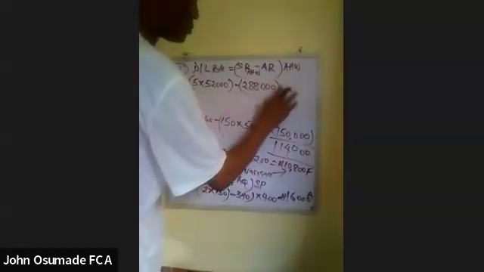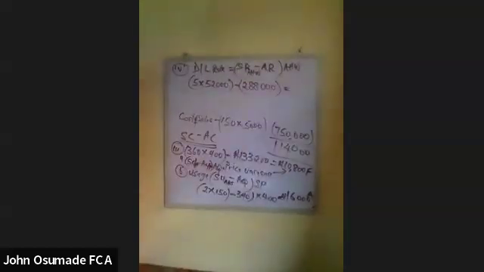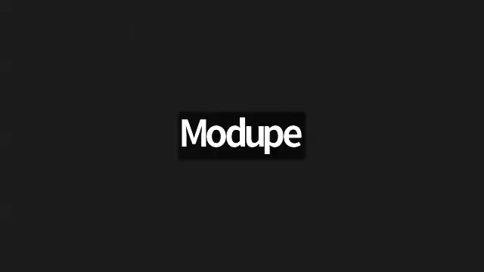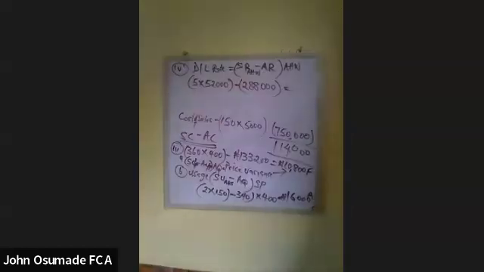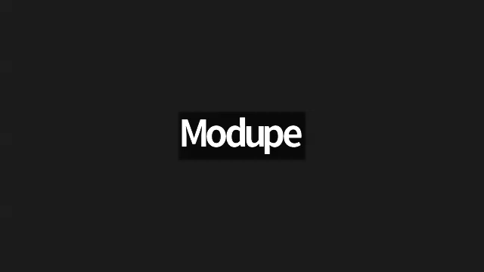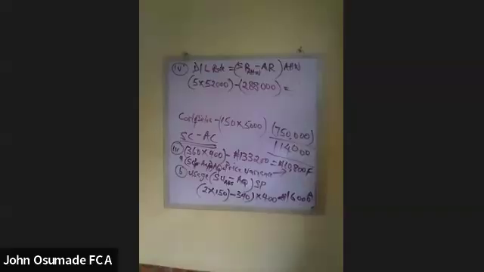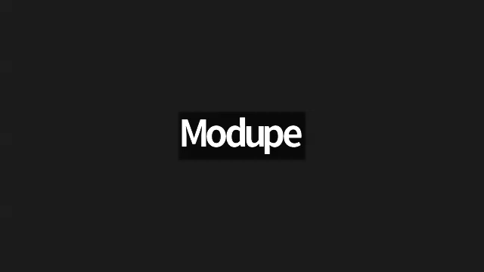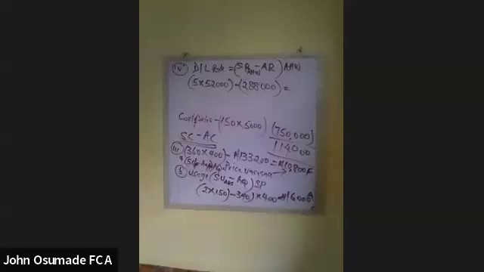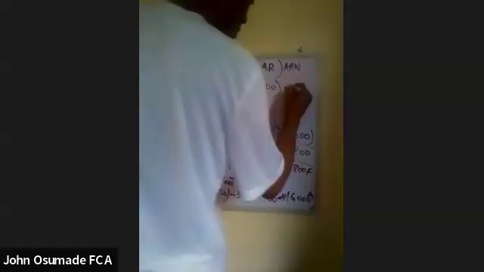So what's the figure? 5 times 52 minus 288. The figure is 28,000 naira.